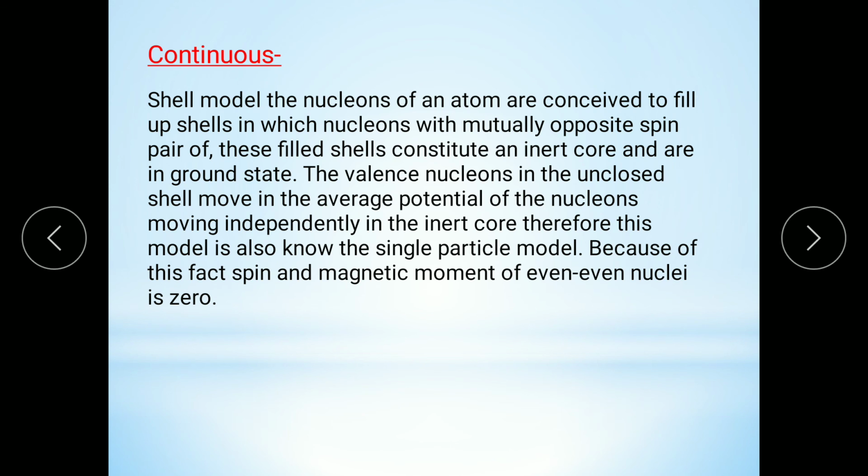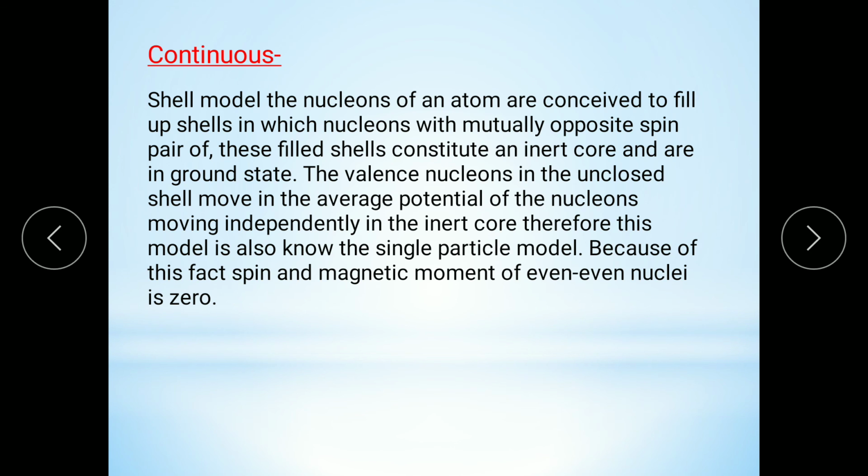Because of this fact, the spin and magnetic moment of even nuclei is 0. As we fill the nucleons in the shells in opposite spin pairs, one in up state and another in down state, the spin and magnetic moment of even nuclei is 0.